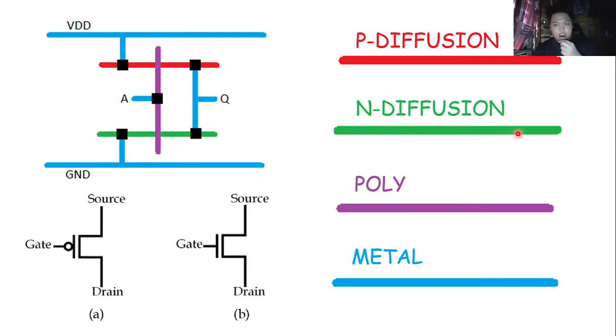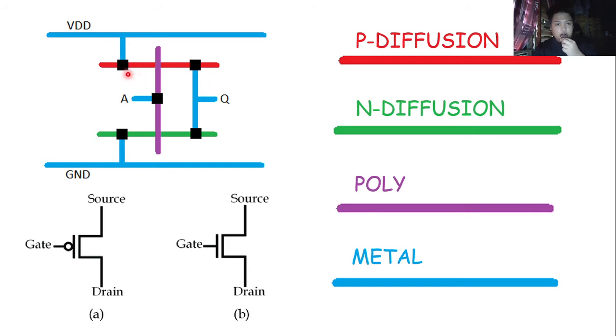Next is the green layer, which is the N diffusion or the NMOS transistor in the circuit. Next is the purple line, which is the poly or polysilicon, which represents the gates of both the PMOS and NMOS transistor in the circuit. Lastly is metals, which are used to connect the devices together into their correct orientations.